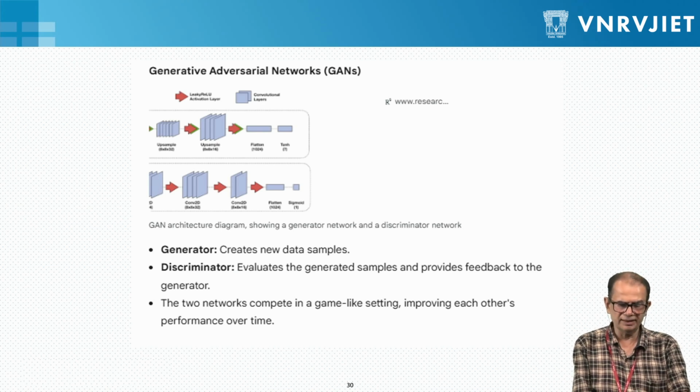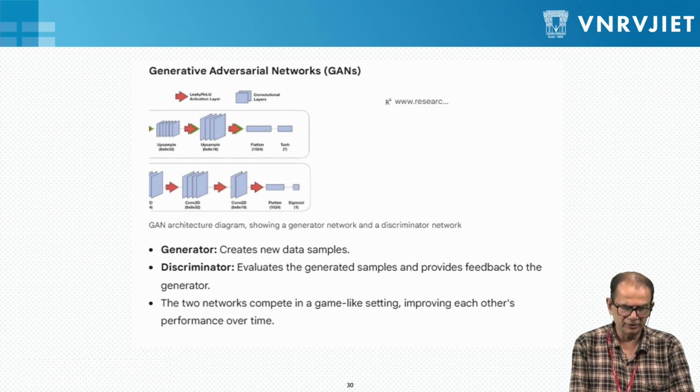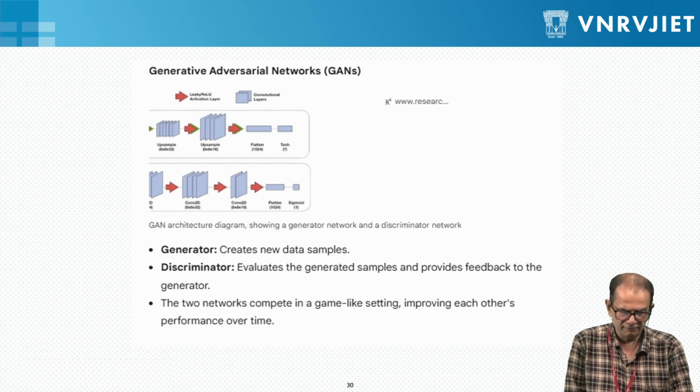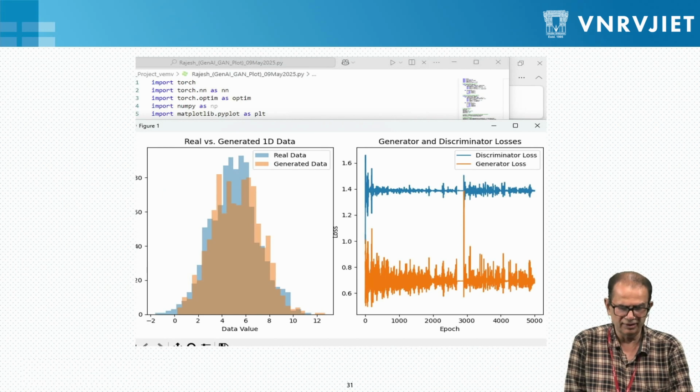What the discriminator does is it evaluates the generated samples and then provides feedback to the generator. So it is going to judge the real one and the fake one, and the generator will basically generate the new data samples. These networks help us do generative AI.